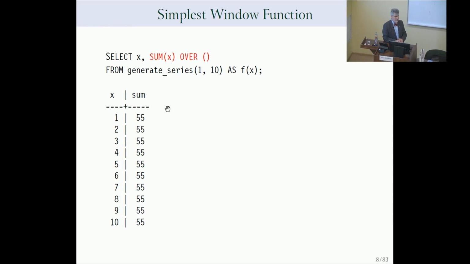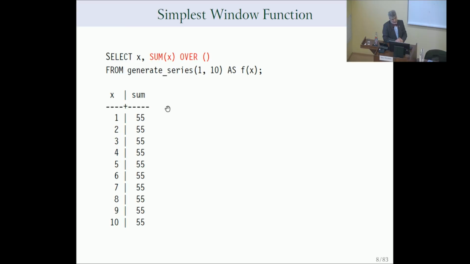That's kind of weird, right? I asked for a sum, but it didn't give me one sum. It gave me a sum on every single row. The reason is because I used a window function. As I said before, window functions do not reduce the number of rows output. It keeps it the same. Why is it a 55? Well, it turns out if you add the numbers from 1 to 10, the sum is 55.